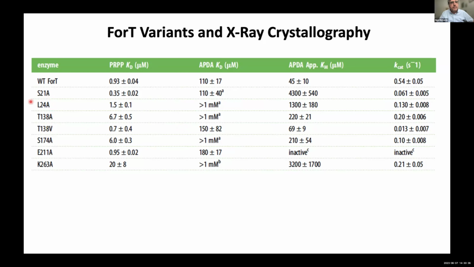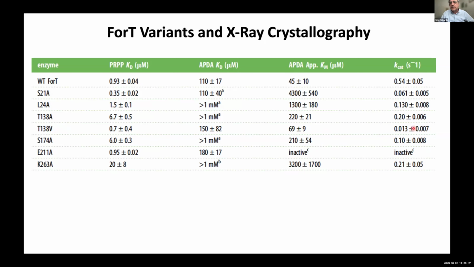There are two variants that I would draw your attention to. Where we change a leucine into an alanine, that slows the chemistry down by about fourfold, give or take a bit. And when we change a threonine into a valine, that slows down the chemistry considerably more. So we thought, okay, we could begin to trap what was going on in the enzyme with these variants.